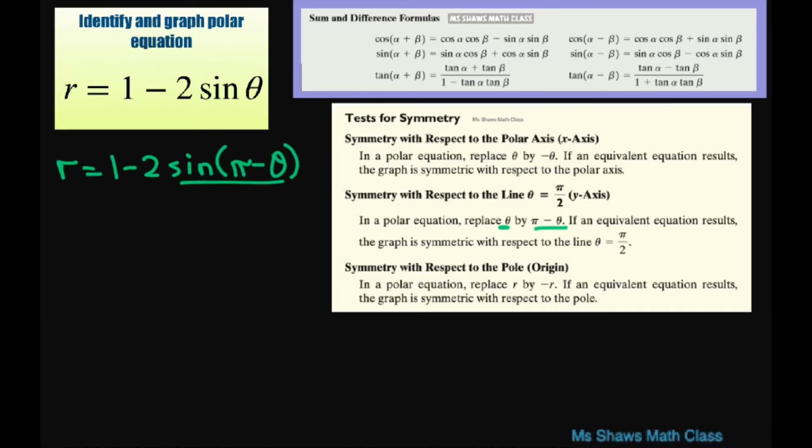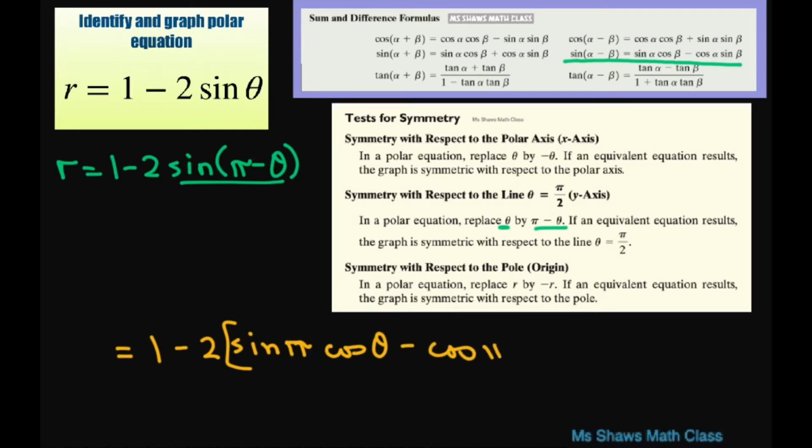Now this is your sum and difference formula, so let's expand that. This is going to equal 1 minus 2, and then sine of pi times cosine of theta minus cosine of pi times sine of theta.